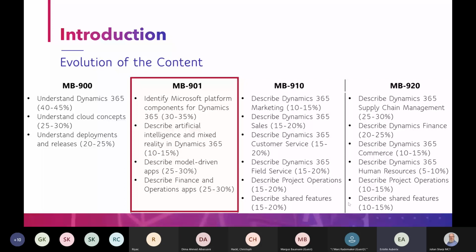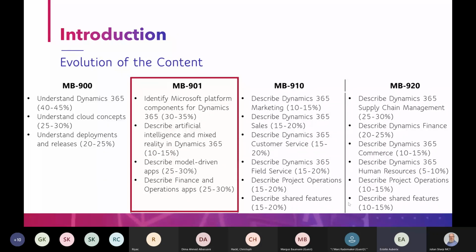Currently, the exam MB-901 is focused on identifying the Microsoft platform complement for Dynamics. There's a real focus on security, because for Microsoft, in a lot of exams now, and especially fundamental exams, security takes a great place.